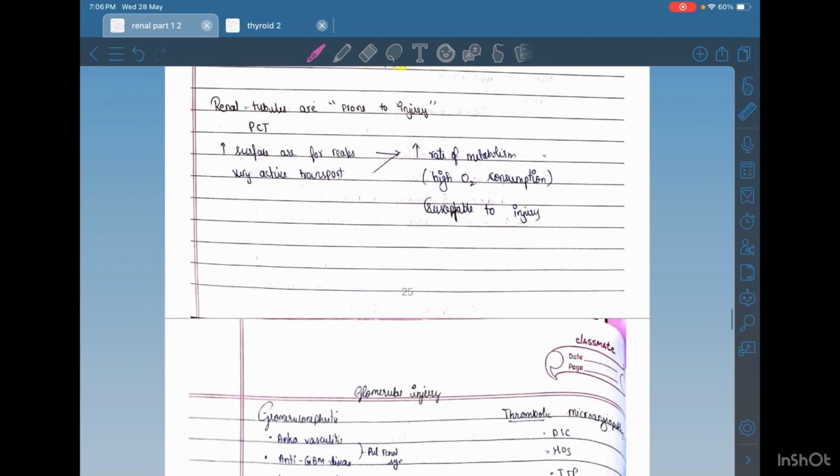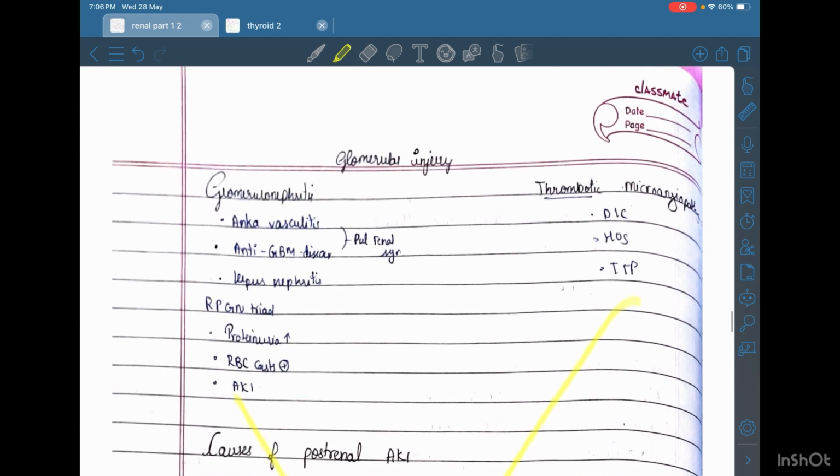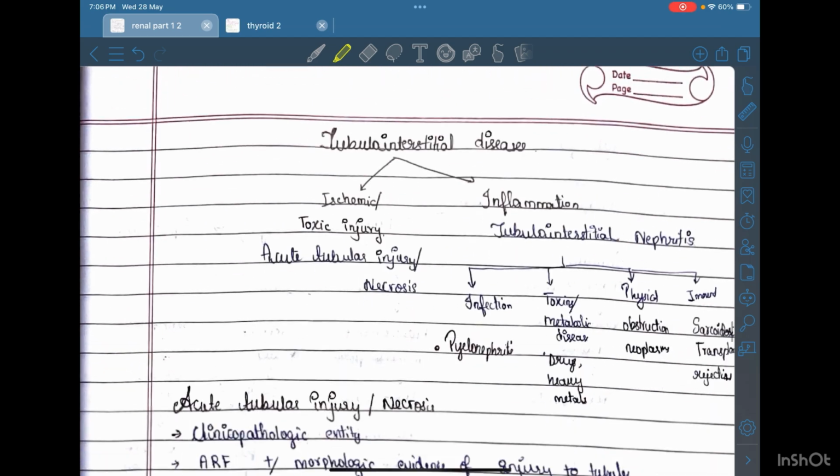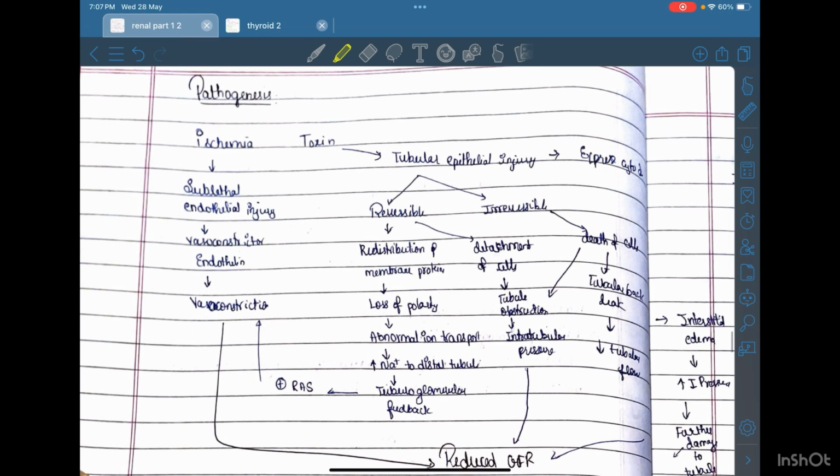Now, next. Why are the renal tubules prone to injury? Because they are involved in active transport, right? So they have a very high rate of metabolism and a very high oxygen demand, so they are easily susceptible to injury. Now, what is the pathogenesis of acute tubular injury?